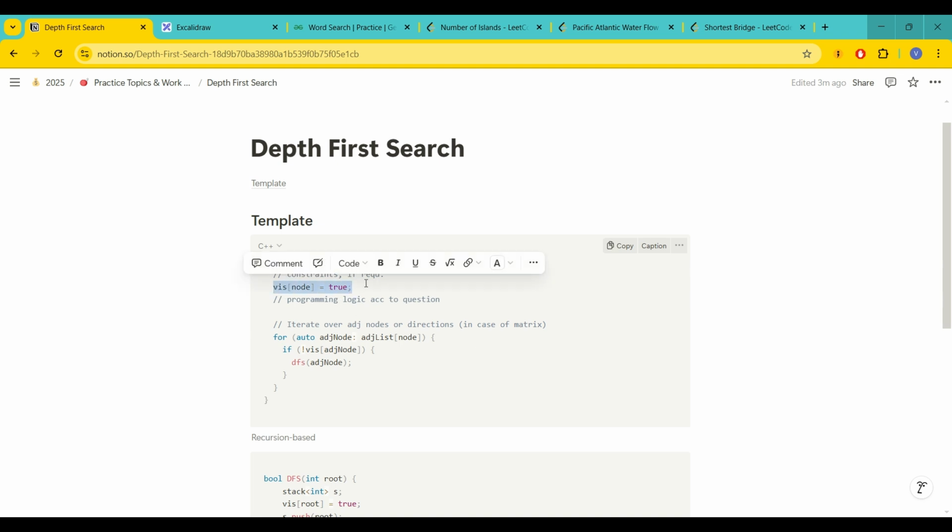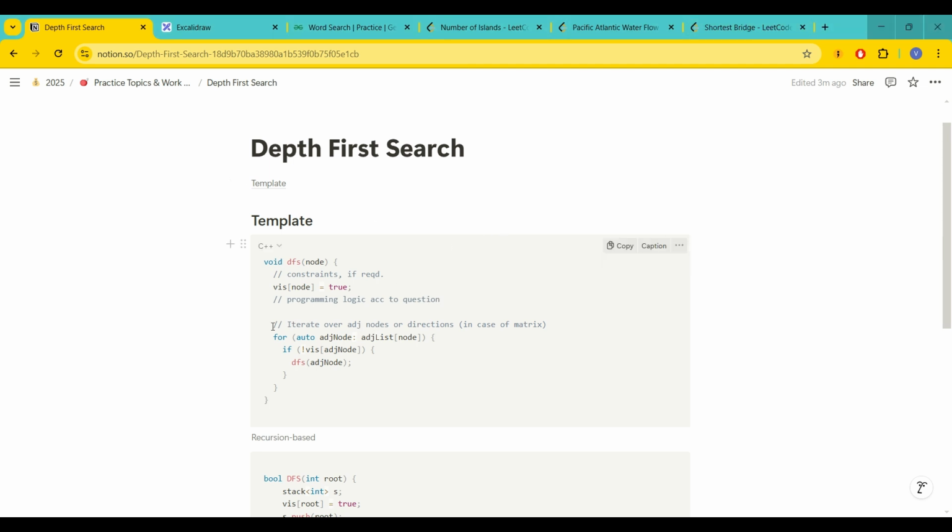So this is what we are doing here. Whenever we start DFS on any particular node, we mark it as visited. Now after this, I've commented this portion, but it is probably one of the most important parts of this algorithm, where you will handle the programming logic which the question desires. We will come to this when we move through these questions.